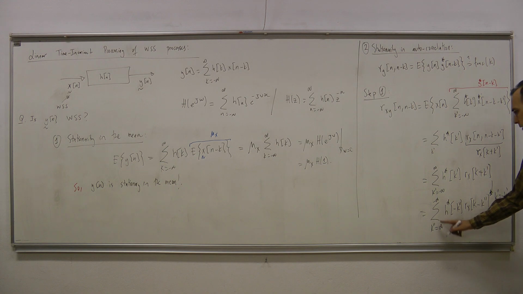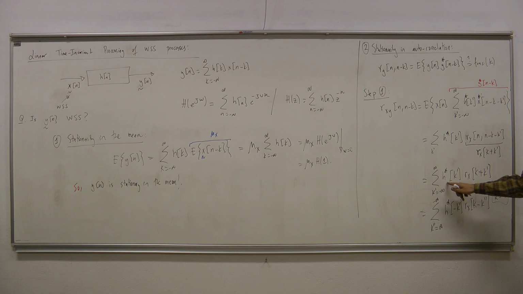So how about this? How do we do this change of variables in these summations? This is a little tricky at the beginning, but can you find, for example, when k prime is equal to 5, I have a term like this, h conjugate of 5 times Rx of k plus 5. Okay, so this is the same thing when k double prime is minus 5.